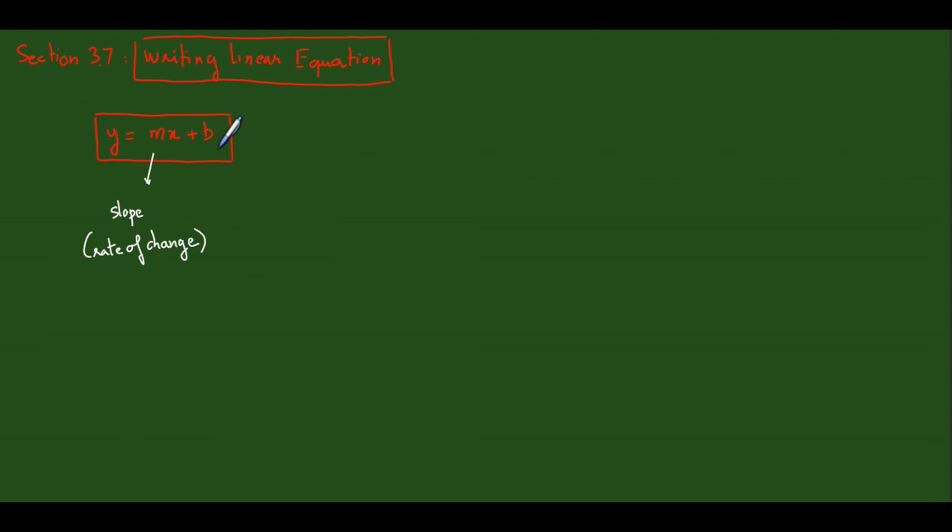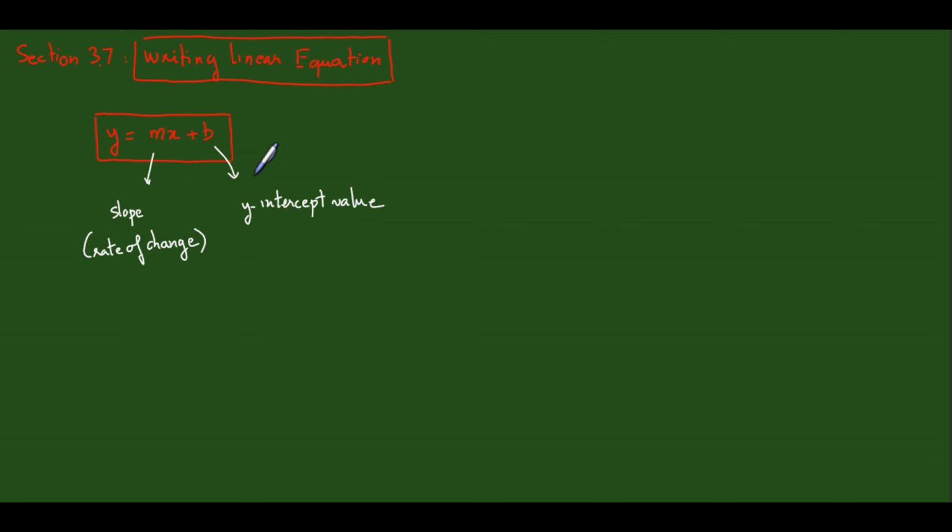And b is the y-intercept. We already talked about x-intercept and y-intercept. I'm sorry, this is the y-intercept; we don't have something called slope intercept. So we have the y-intercept value. I say value because you see that it's only b.